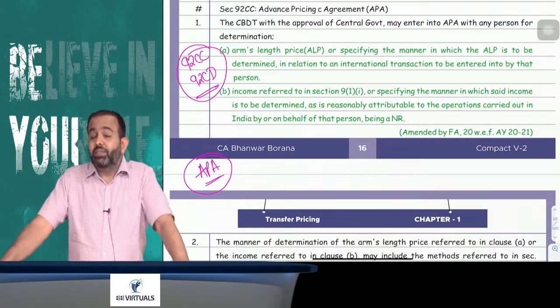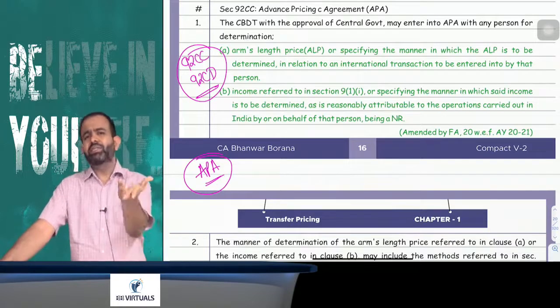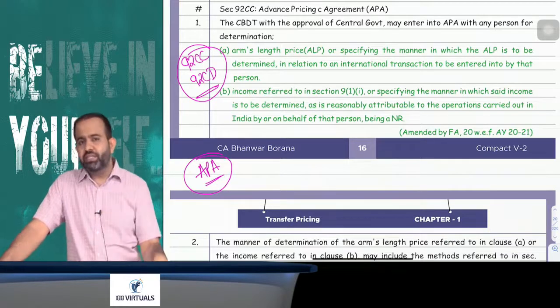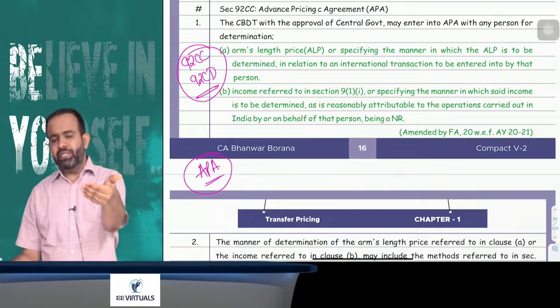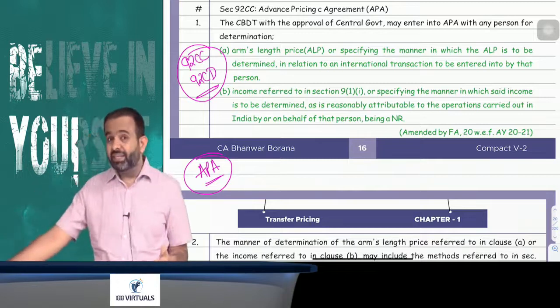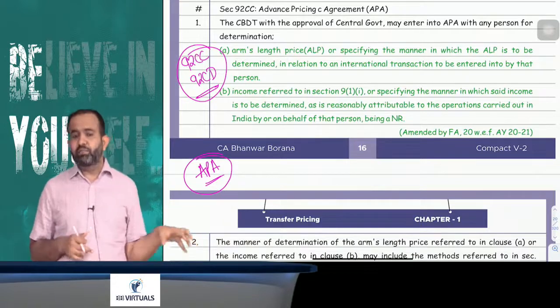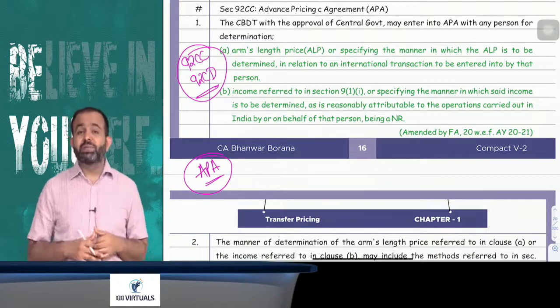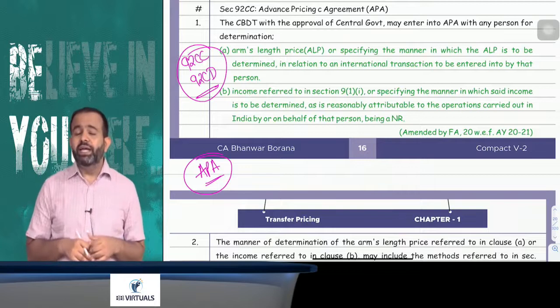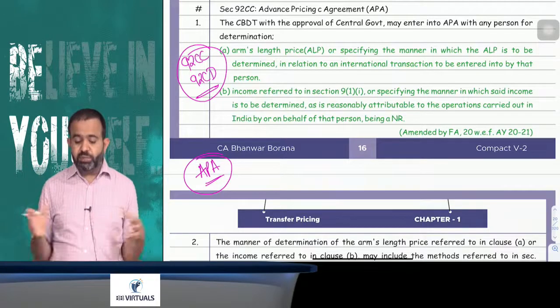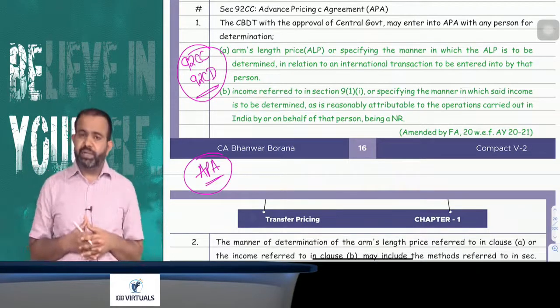So the question is, sir, who can enter into the agreement? Any person, if you are entering into any international transaction, then you can ask CBDT to enter into the agreement, and if CBDT thinks fit, CBDT may enter into the agreement with any person with the approval of the central government. So here CBDT will take the approval of the central government, and after taking approval from the central government, CBDT may enter into the agreement.